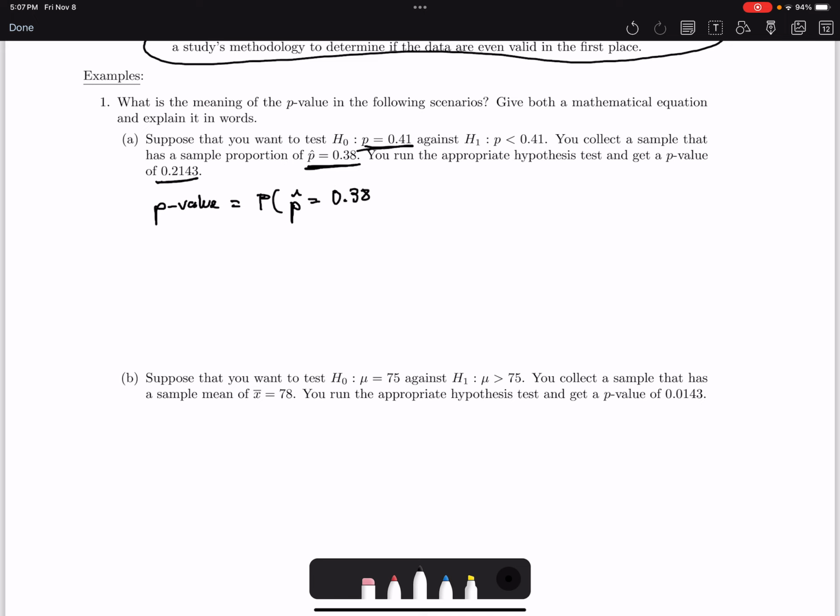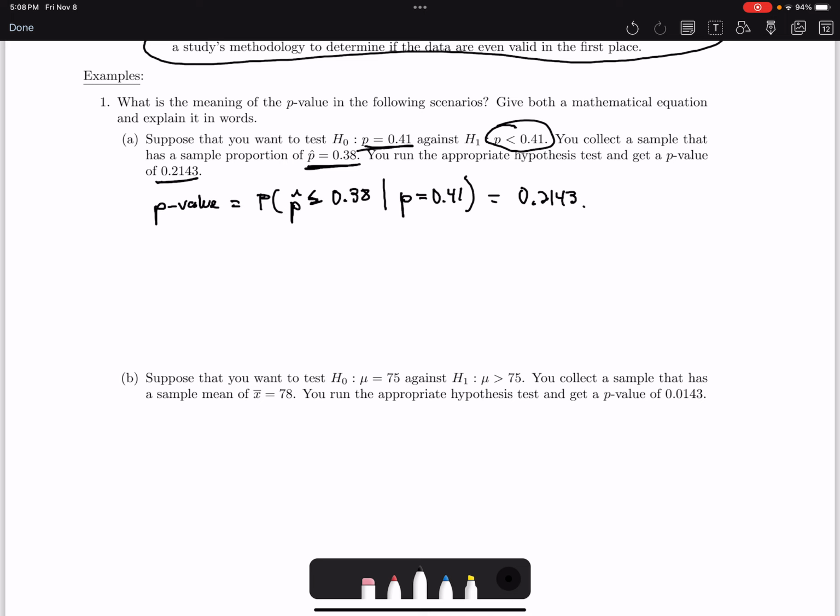And in this case, we're running a left-tailed test, so something more extreme than 0.38 would be something even less than 0.38, okay? So it's the probability of obtaining a sample proportion of 0.38 or less, given that the null hypothesis is true, right? Given that the population proportion is 0.41. Okay, that's the p-value. And we're told that that probability is 0.2143.